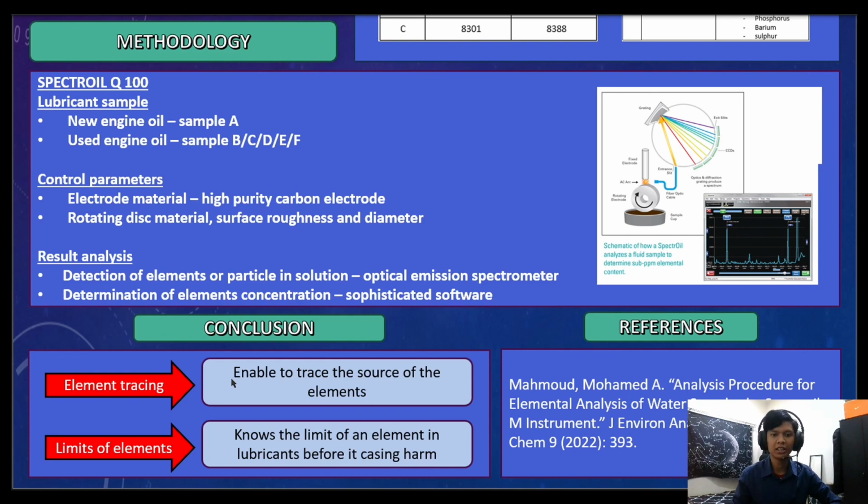That means we are able to trace the source of the elements which exist in the oil as debris. And then we can know the limits of the element, the limit of an element in lubricant before it causes harm to the oil itself. So basically that is the conclusion for this RDE analysis case study.